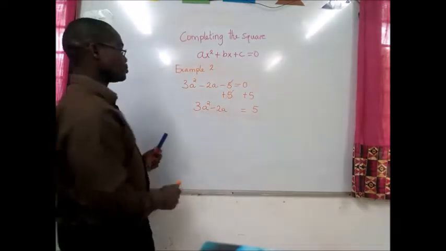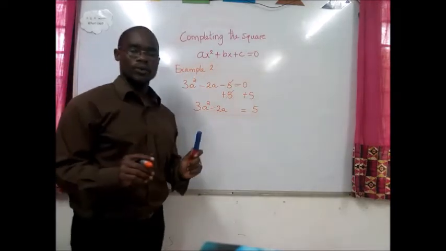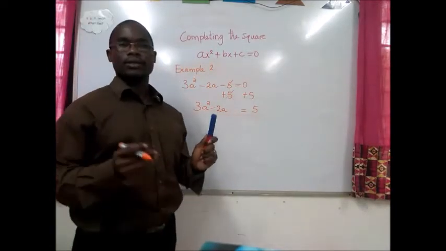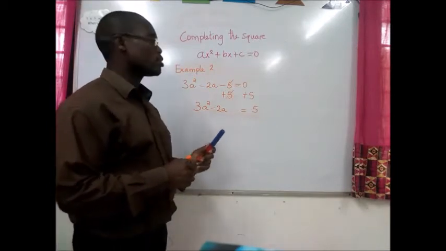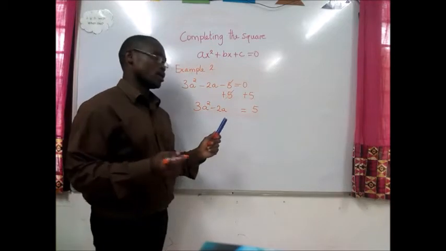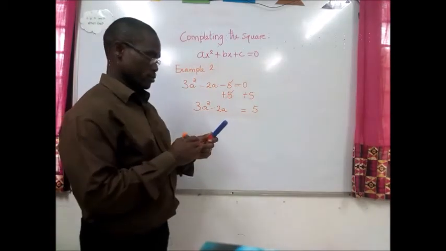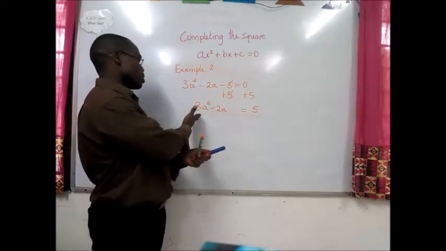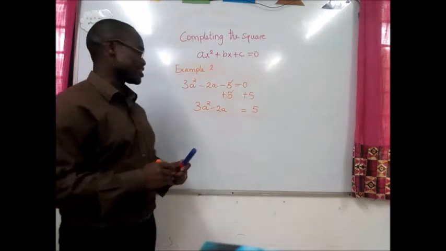So now, before adding anything, as we say, the second step is leading coefficient must be equal to 1 or a positive number. The coefficient of a squared should be a positive number here, as you can see.